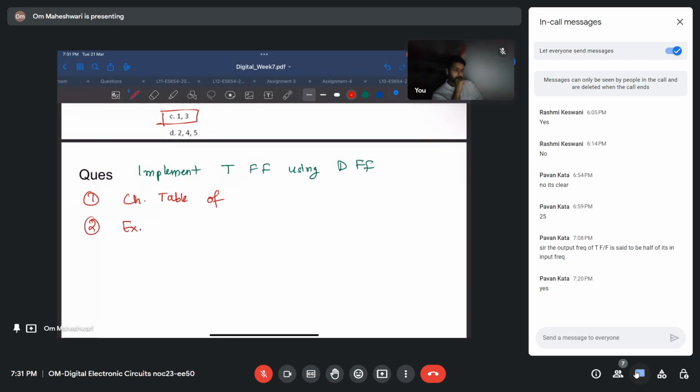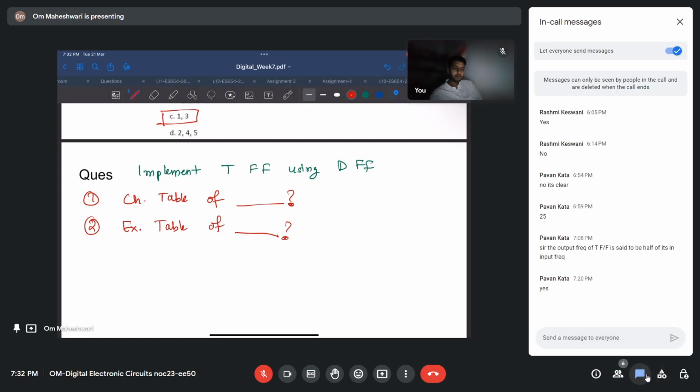And excitation table of what? Please let me know if you understood how we do these conversions, or if you have doubts, I'll repeat the previous questions once. Do you guys understand what I'm saying?